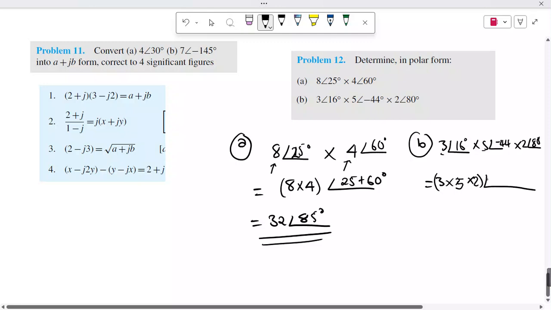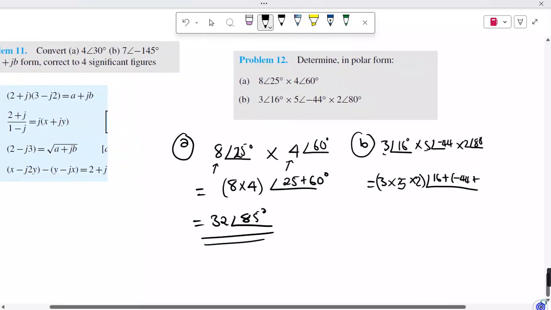Then the angles, you have 16 plus negative 44 plus 80 degrees, in the bracket like this. So 3 by 5 is 15, and 15 by 2 is 30.